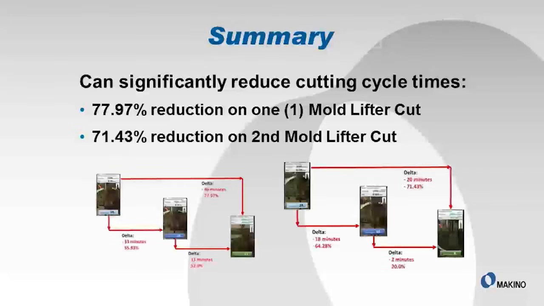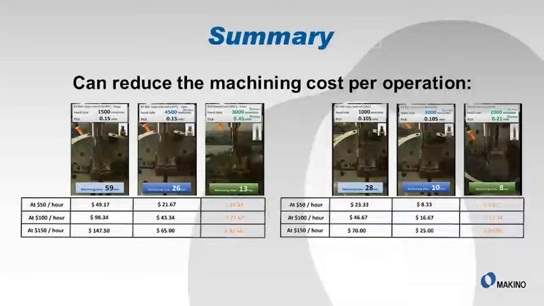You can reduce the machining cost per operation. And again, we took a look at those 2 different cuts on the mold lifter, and we went through and looked at the 3 different approaches: the 2-flute end mill, the multi-flute end mill, and then the barrel cutters. And you can see there was a significant reduction with the 5XC approach.